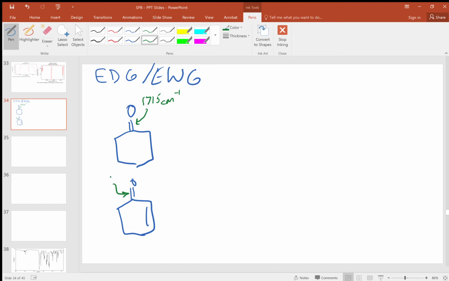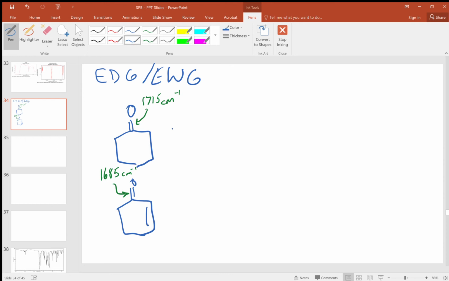As a result, we find that the carbonyl peak shifts all the way down to 1685 wave numbers. So we can see by adding that double bond near the carbonyl, we get a fairly significant difference in the IR peak. Why do we think that is?